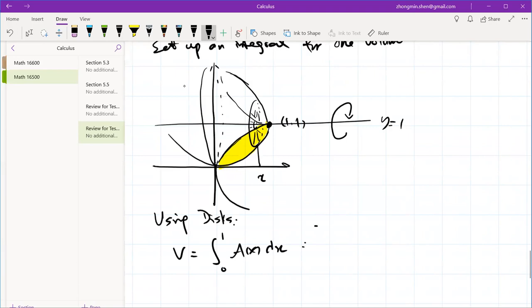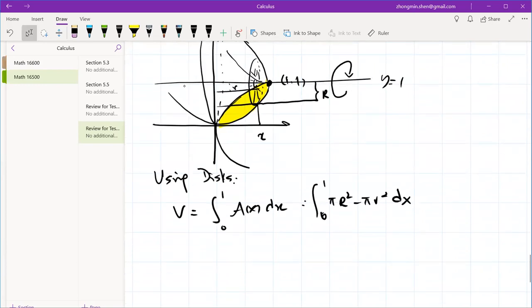And then I really need to find the 2 radii. Okay. So this is the radius, capital R. That would be little r. So you have to find out what is capital R and what is little r for the given x.